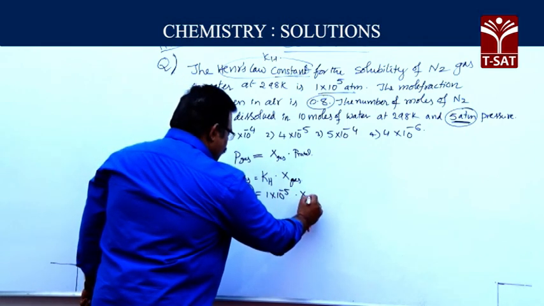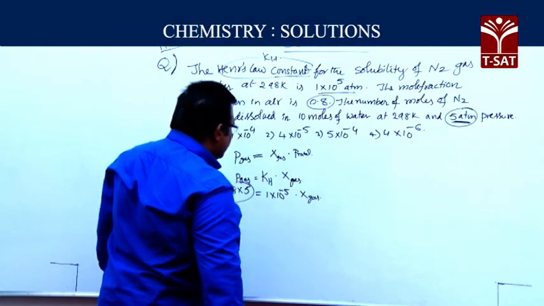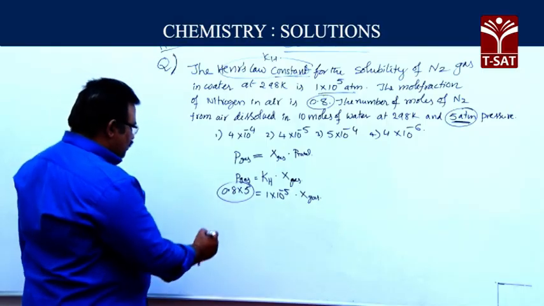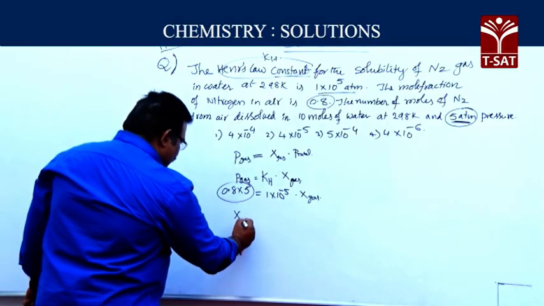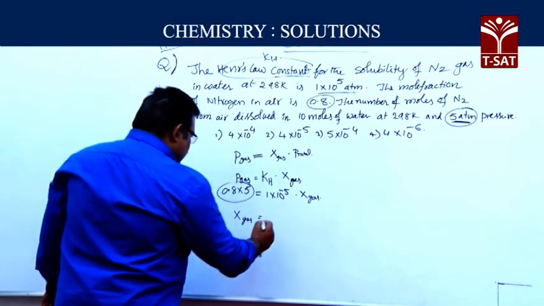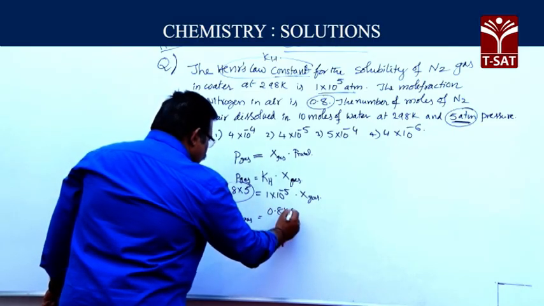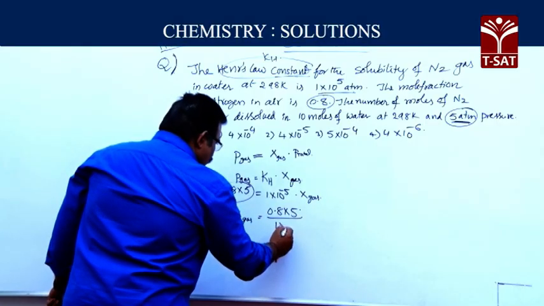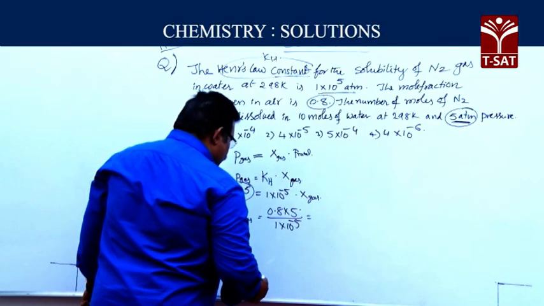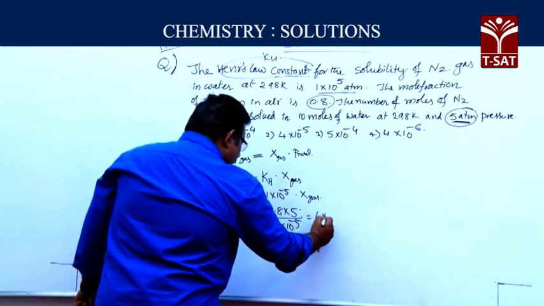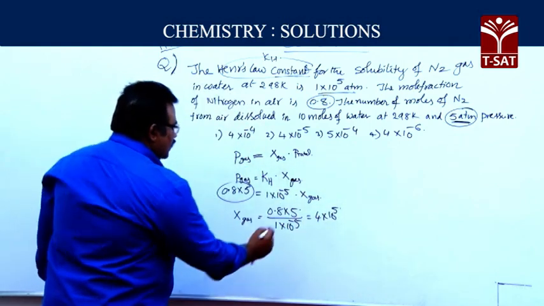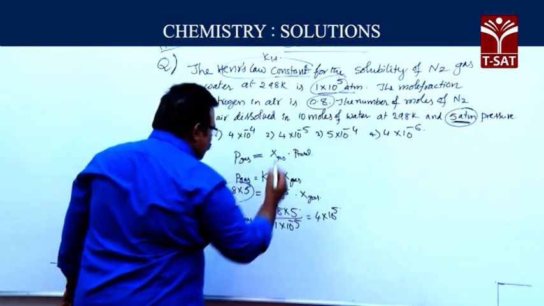First, we have to find out the mole fraction of the N2 gas in the solution. Let us find out. Mole fraction of the N2 gas is equal to 0.8 into 5 by 1 into 10 power 5.